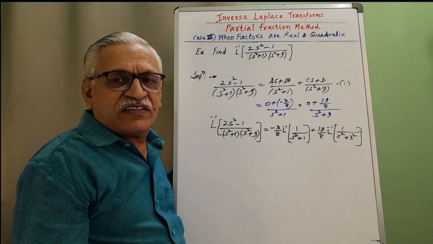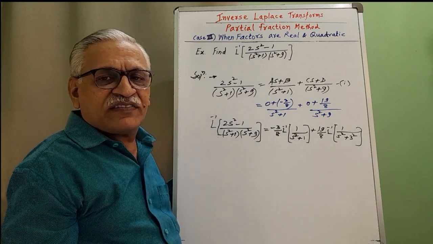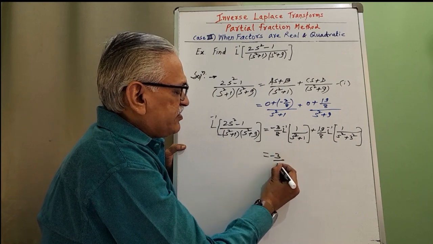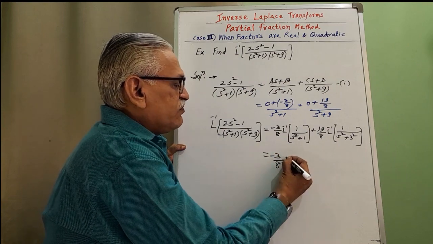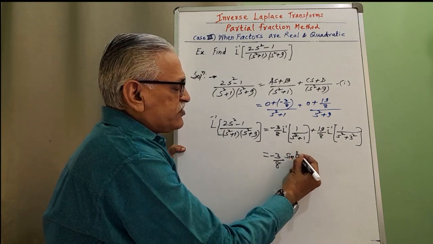And then applying the standard result of inverse Laplace, 1 upon s² + a² is (1/a) sin at, and therefore it is −3/8, 1 by 1 is 1 and sin of 1t is sin t.